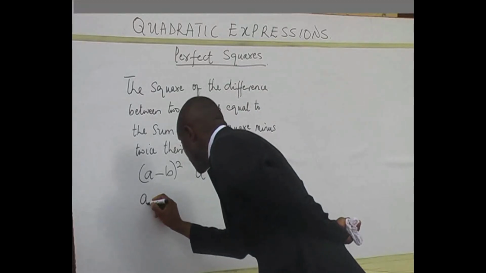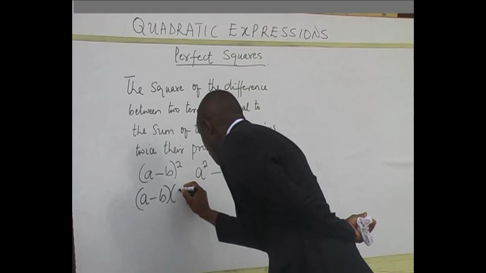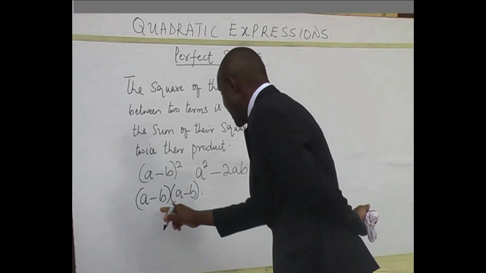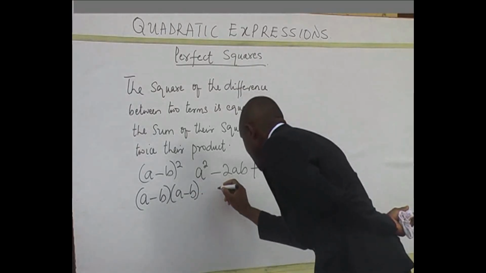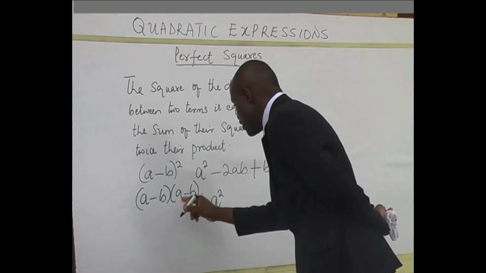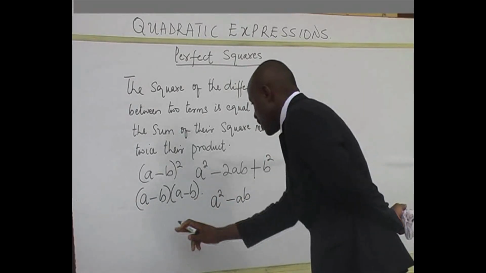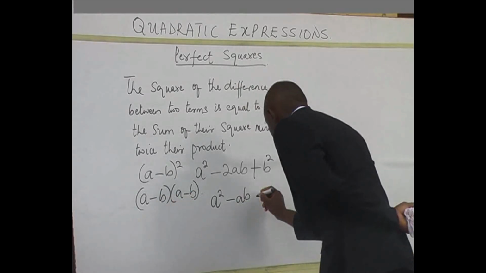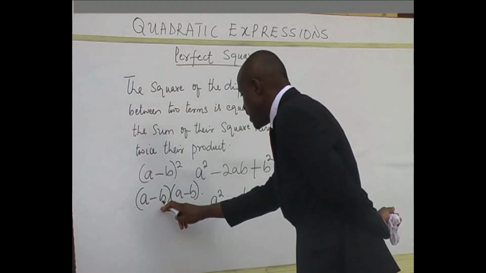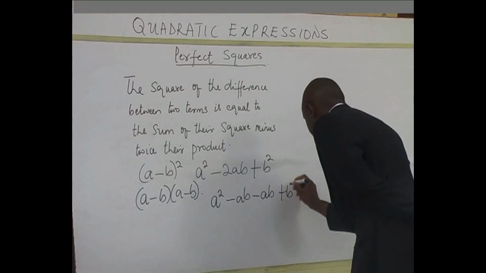A minus b squared means a minus b into a minus b. A times a will give you a squared. A times minus b will give you minus ab. Minus b times a will give you minus ab, while minus b times minus b will give you plus b squared.